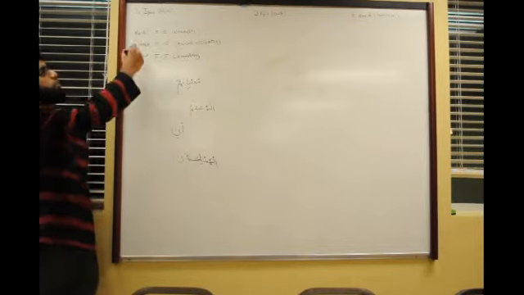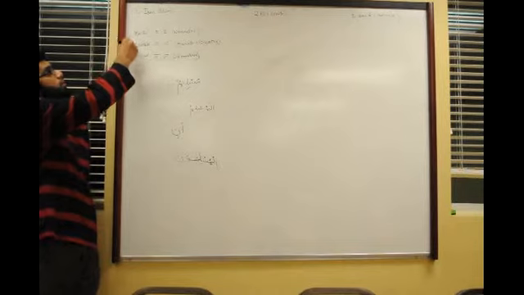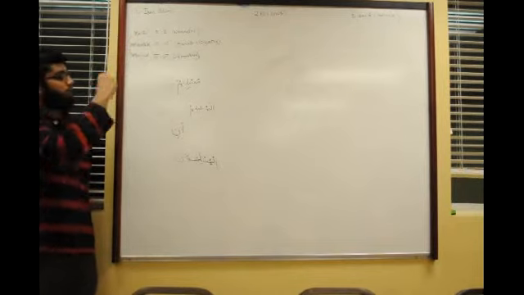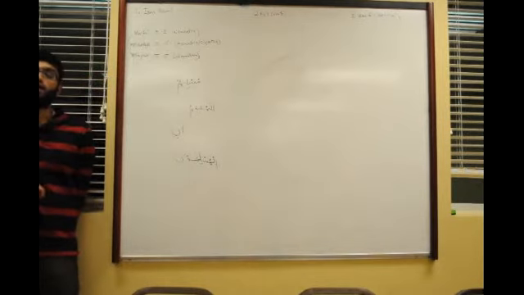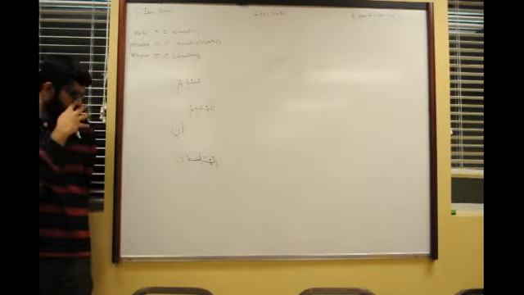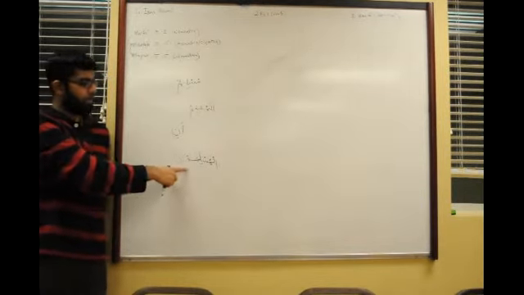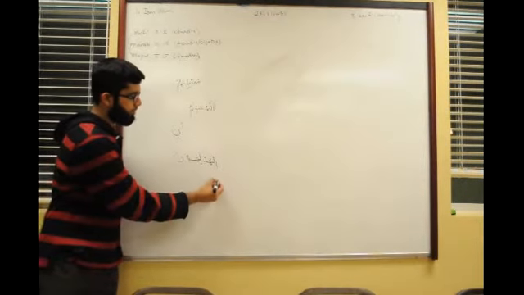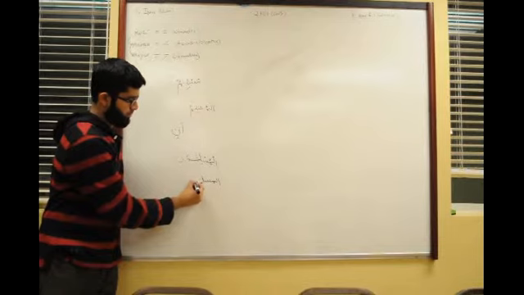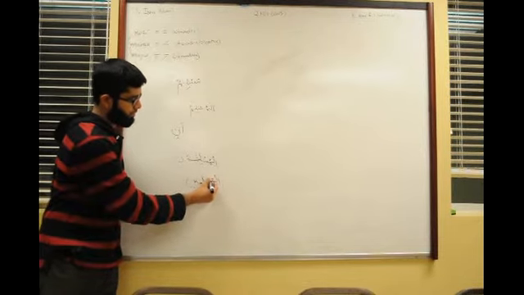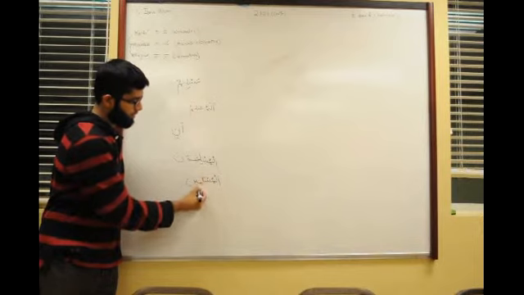When it goes into mansub or majroor, it's not going to change the fatha, dhamma or kasra. It's actually going to change the waw. This waw is going to become a ya, so I'm going to get al-Muslimina.